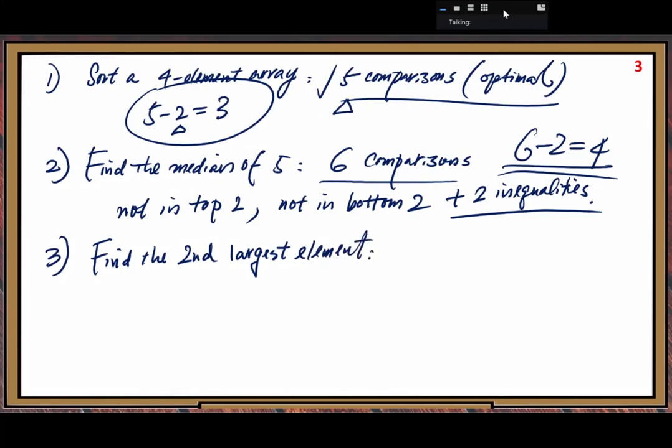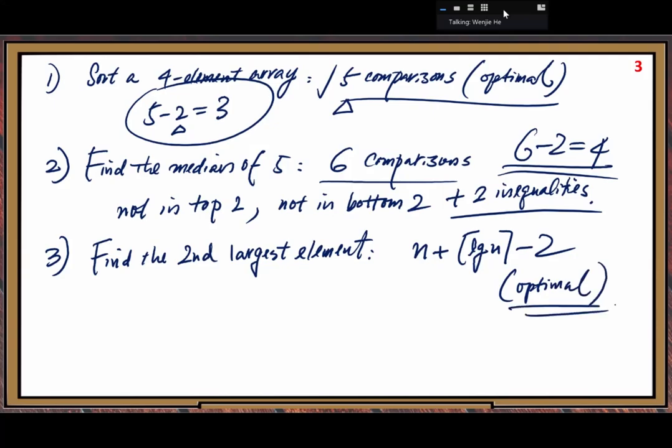The formula is n plus ceiling of log n, minus 2, right? We have that formula, the tournament method. We derive it in class. We prove it in class. And this is optimal. This algorithm is optimal. So we want to use it.